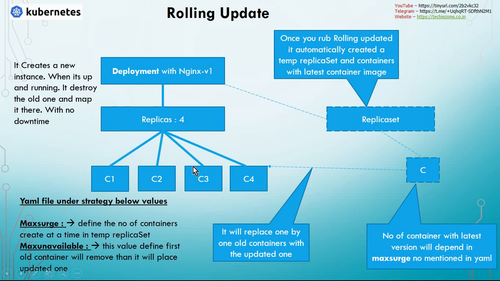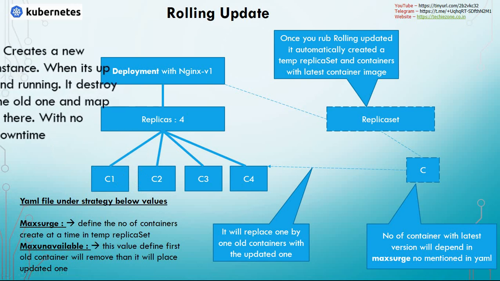It means first it will make two instances unavailable from here, then it will create. So suppose you are using a big environment, or you have a lot of users who are using those resources. That time it will impact your performance. So always in max unavailable we use the value 0.